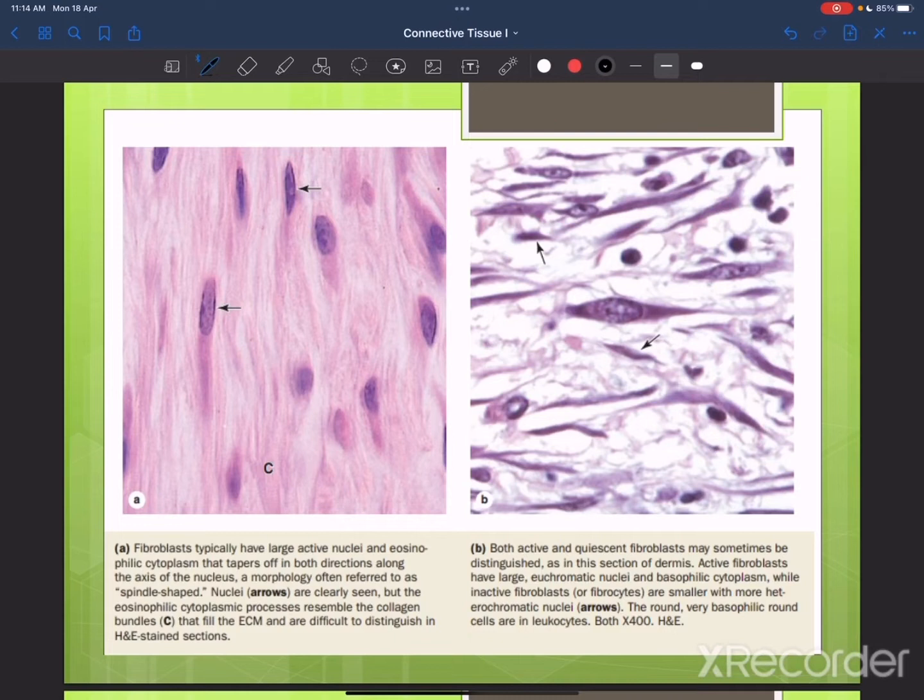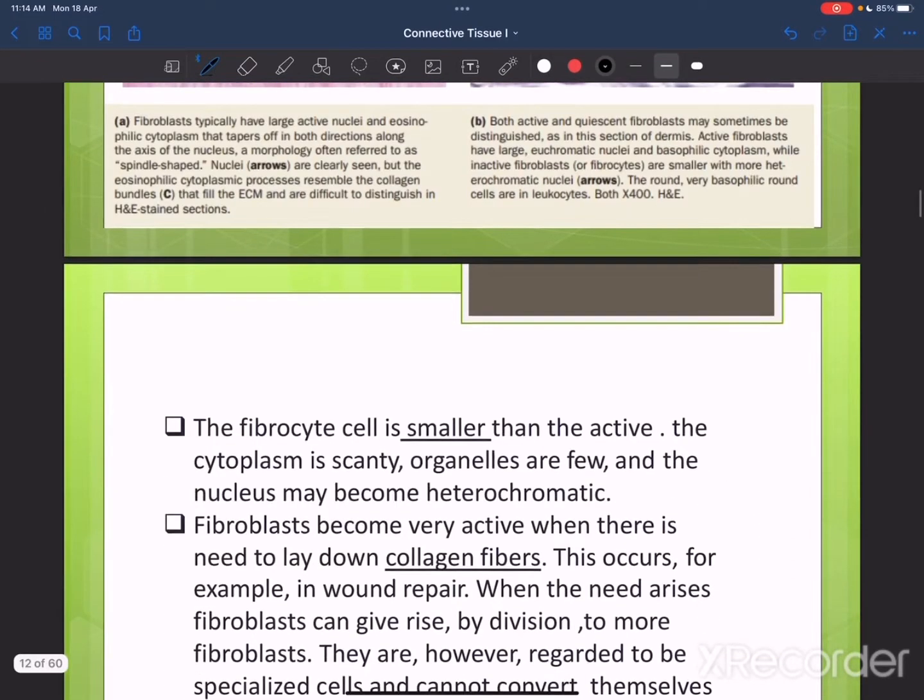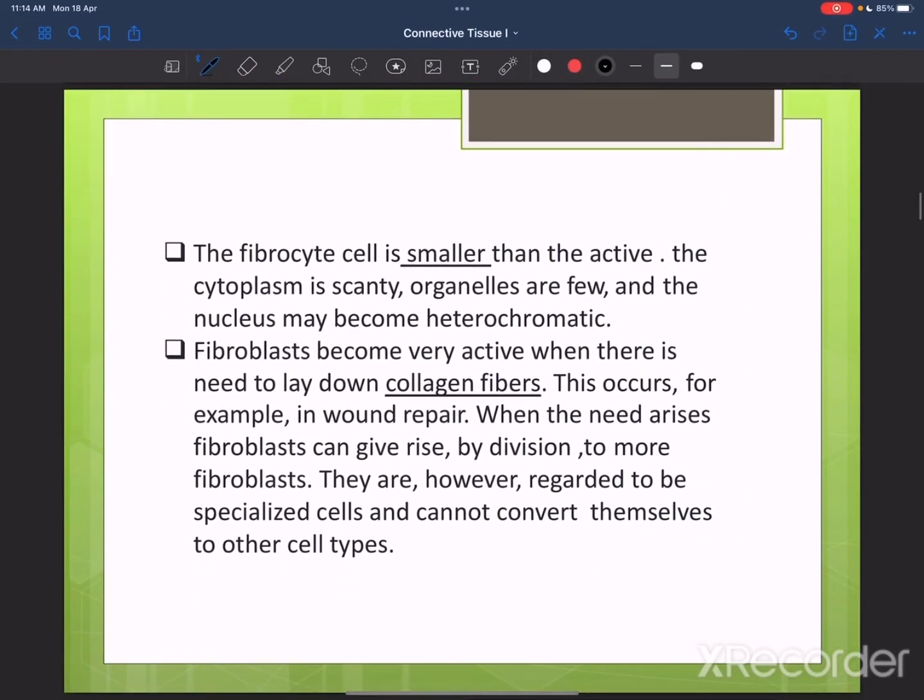While those thin and smaller with a flattened nucleus are the fibrocytes. And in this slide, we can see the fibroblast and fibrocyte, while in this slide, both of them are clear. The fibrocyte cell is smaller than the active one. The cytoplasm is scanty, organelles are few, and the nucleus may become heterochromatic.